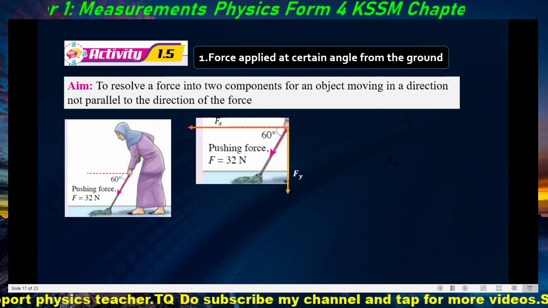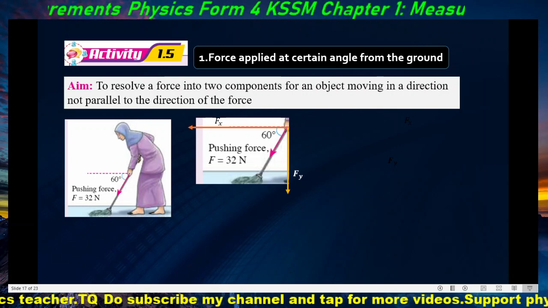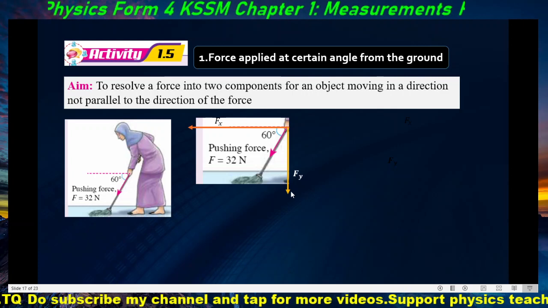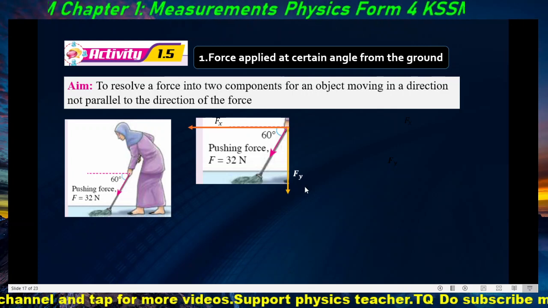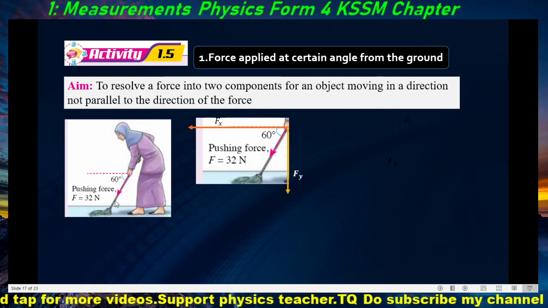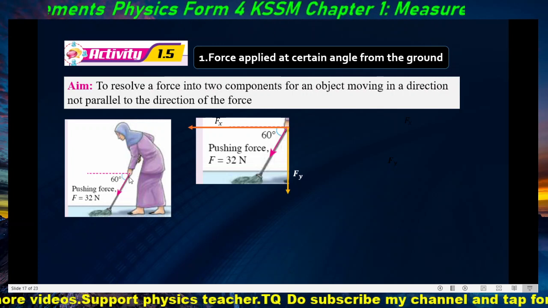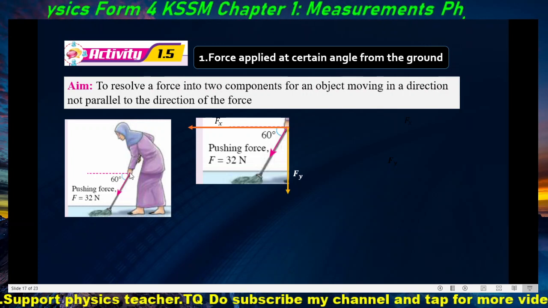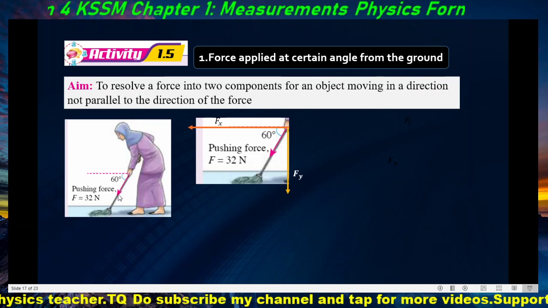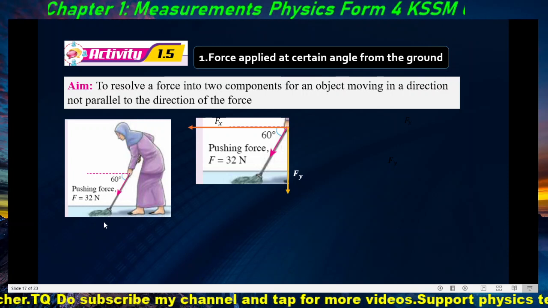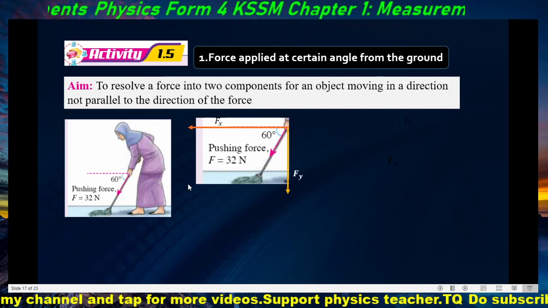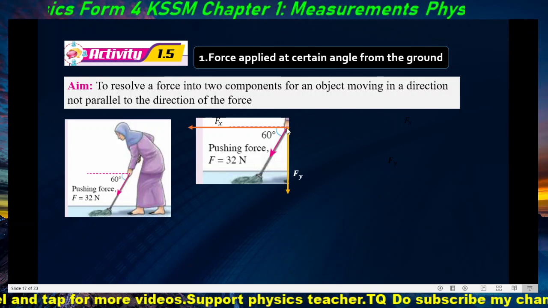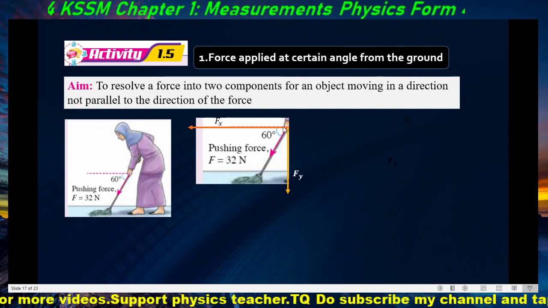Why do you think the direction is in this way? If you want to know which direction you should use, you should draw Fx and Fy, looking at the applied force. The applied force is acting out from this point, downwards, inclined downwards. Thus, the components will also follow the direction.